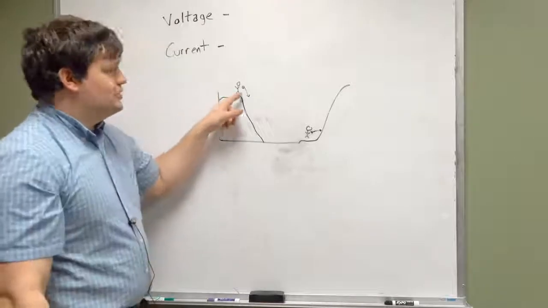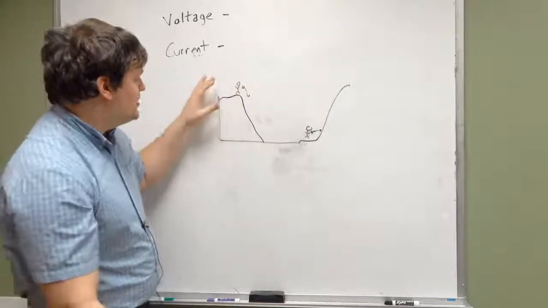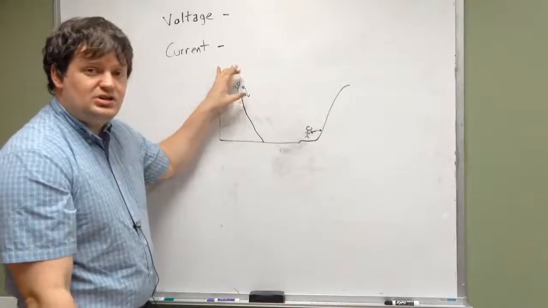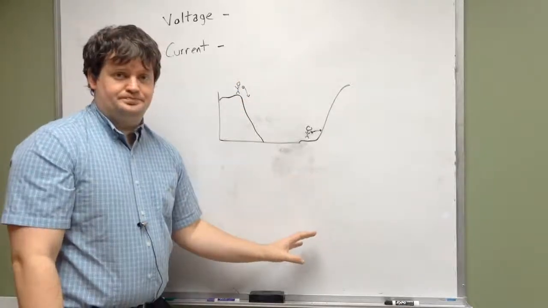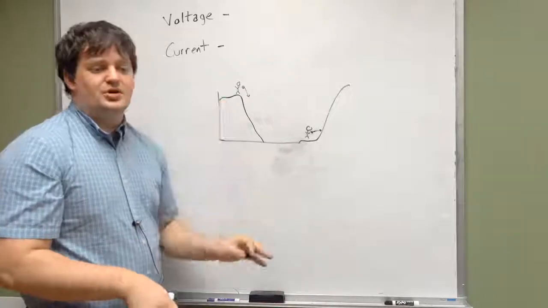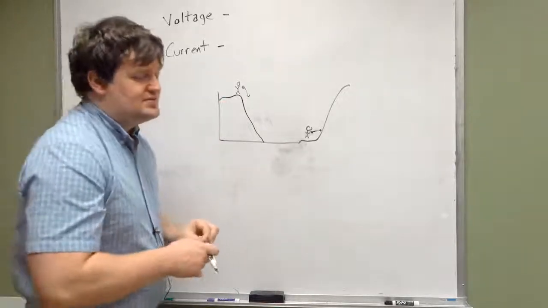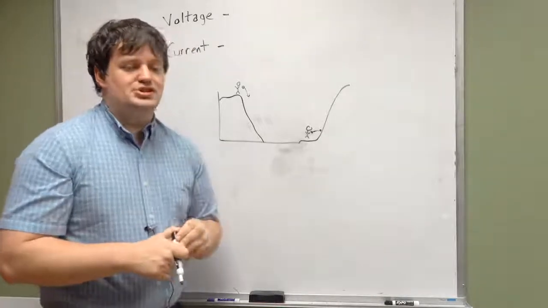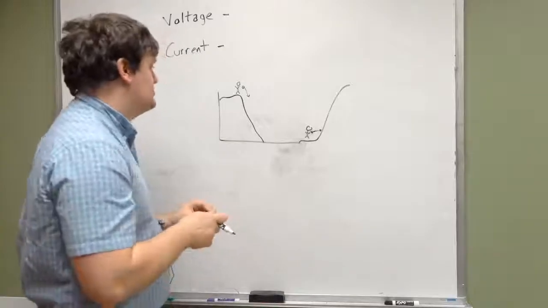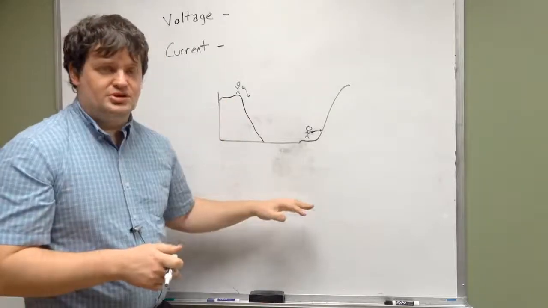Your ping pong ball falls down the mountain because it goes from a state of high energy to a state of low energy. That's basic physics right there. High energy to low energy. That's the natural progression of how this works.